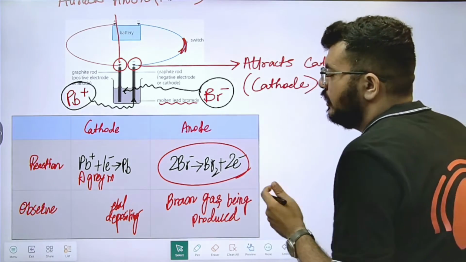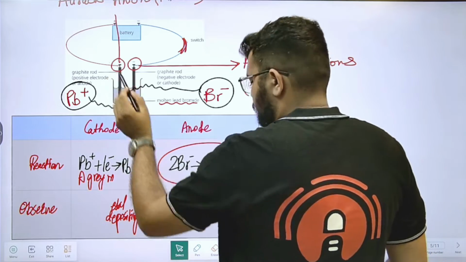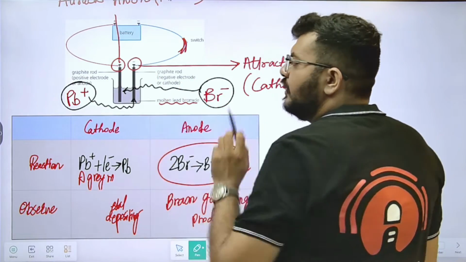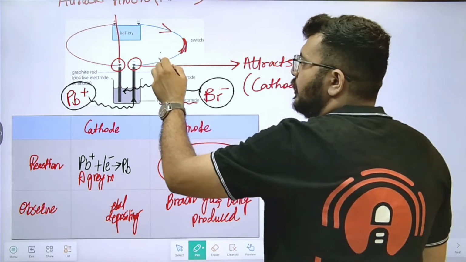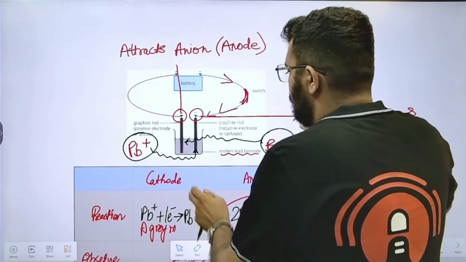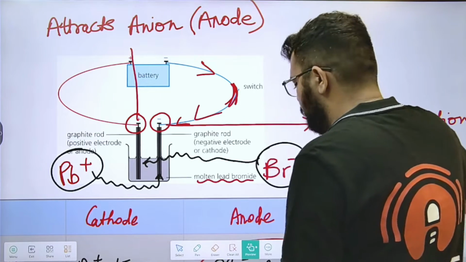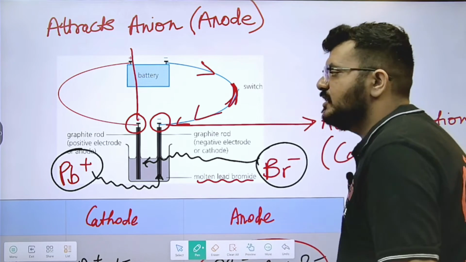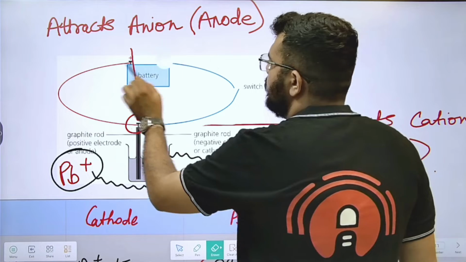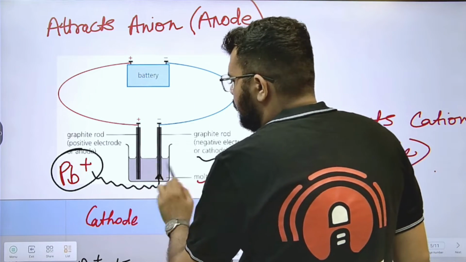Now at the negative electrode, electrons are coming, right? I'm trying to teach you what is the path of ions and what is the path of electrons. To do that, let's erase this a bit. You can always go back and make your notes, pause it wherever you like, right?